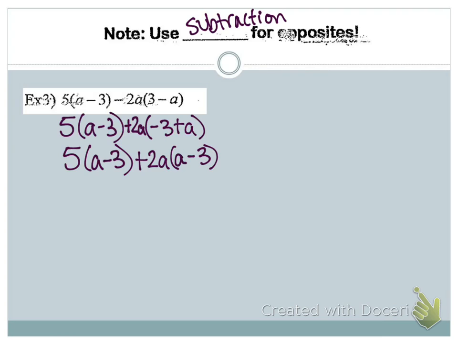Okay, so now let's factor this like we were doing before. Now that we've changed it, Kelby, what is my GCF, so to speak? The a minus 3. So I'm going to divide both pieces by the a minus 3.